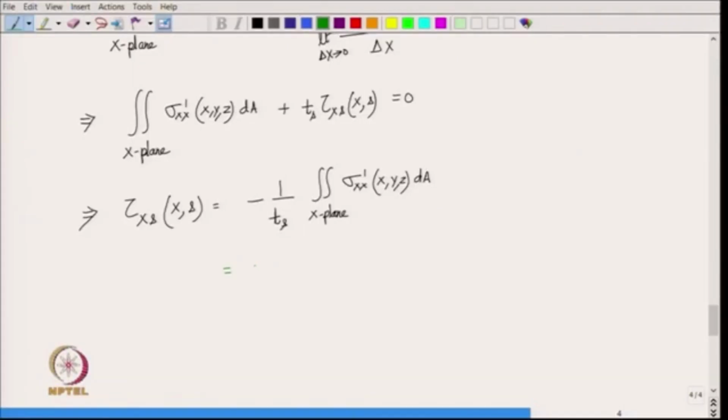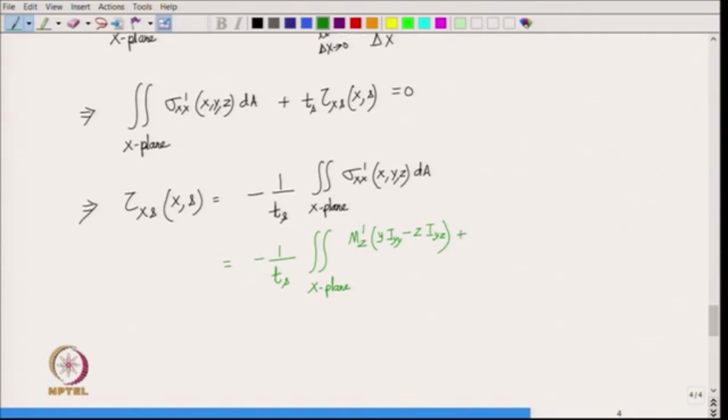So, this becomes minus 1 by T s and then integration over the x plane of m z prime into y times I y y minus z times I y z, right, plus m y prime into y times I y z minus z times I z z, and then this whole thing is divided by I y z whole square minus I y y into I z z into dA.